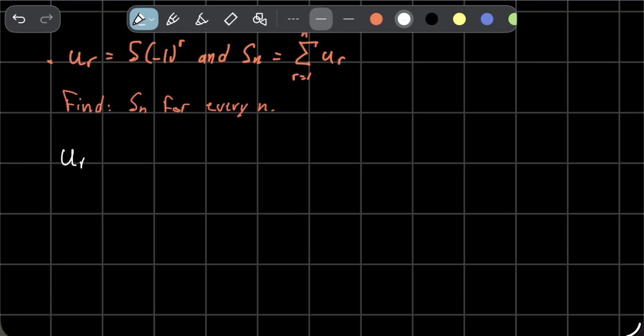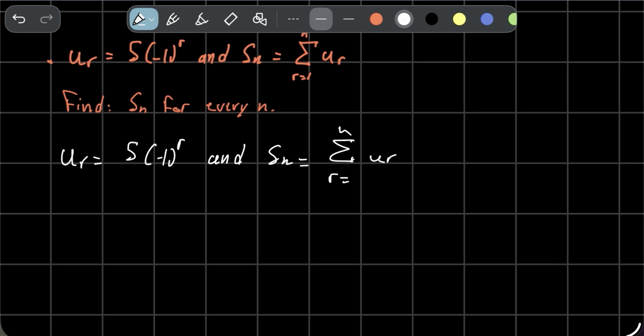We have u_r equals 5 times (-1)^r, and S_n equals the sum of u_r. Okay, we want to find S_n for every n. Now this is basically impossible. Why is that? Because every n is a natural number, so it's kind of like infinity.